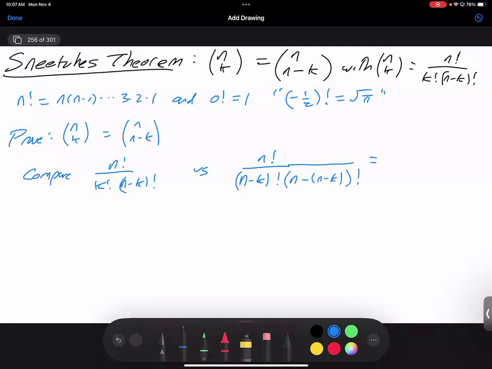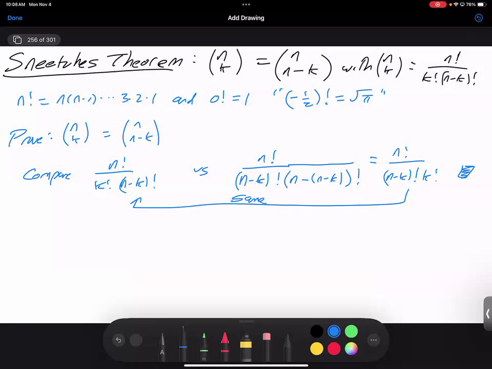But what is n minus (n minus k)? It's k. So this is the same as n factorial over n minus k factorial times k factorial, which is the same. And that's the proof. So one way you can prove this is just straightforward algebra.